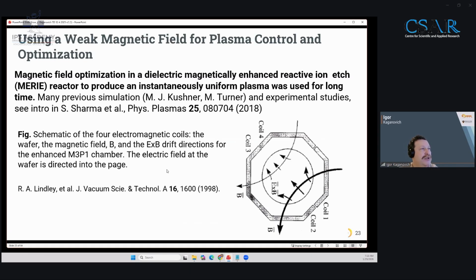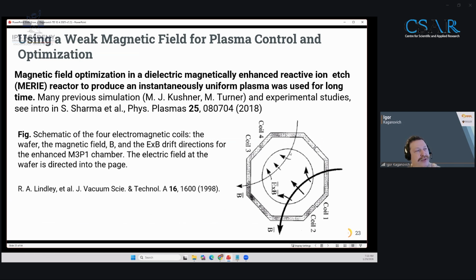Now, for control of these RF discharges, some years ago people tried to use a very weak magnetic field. If you apply just a few Gauss, maybe 10, 20 Gauss, you have a lot of control of these discharges.